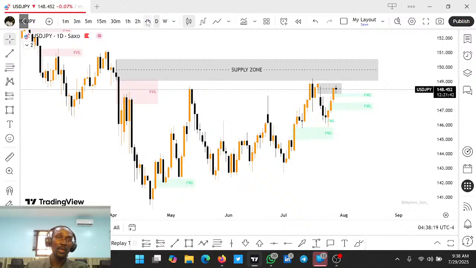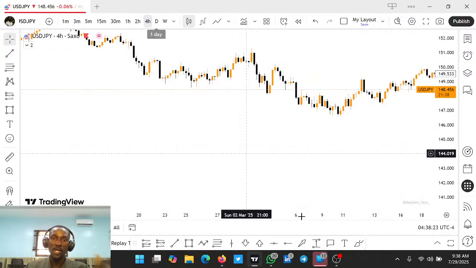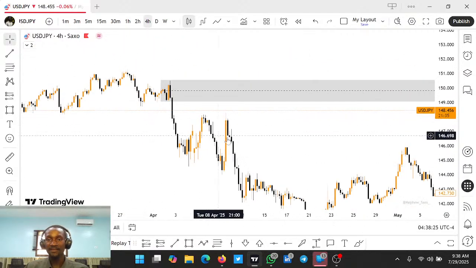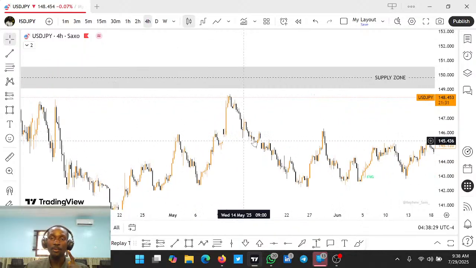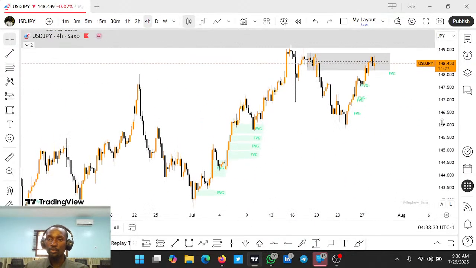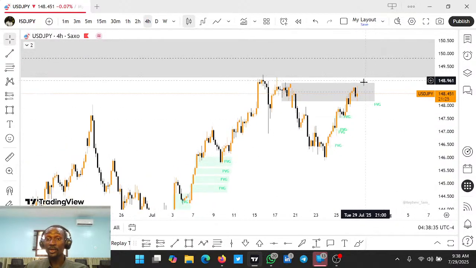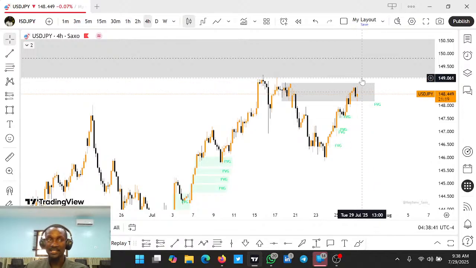So let me go to a lower time frame of 4 hours. For my bias on the daily time frame, or what the market is going to do on the daily time frame, I said I should be buying, and I'm sticking to the buys. So now I should be looking for opportunities to buy in the market. Looking to break it down, you can see price is currently not far from it. So if price taps into this zone, my buy might switch depending on what the market is giving me.